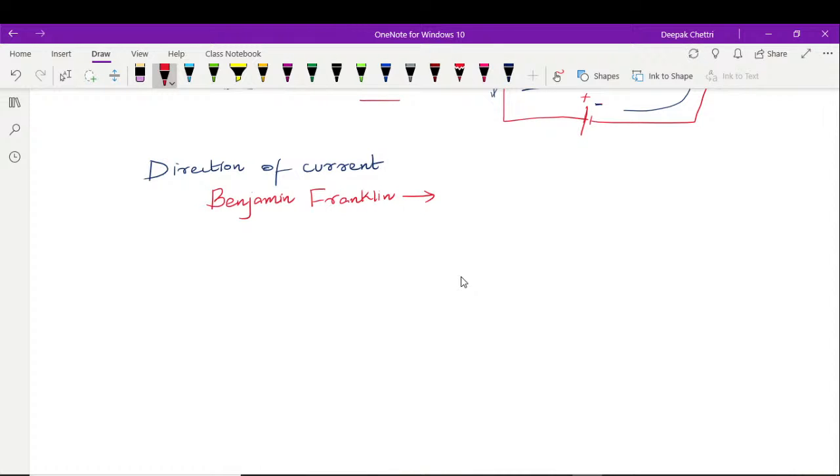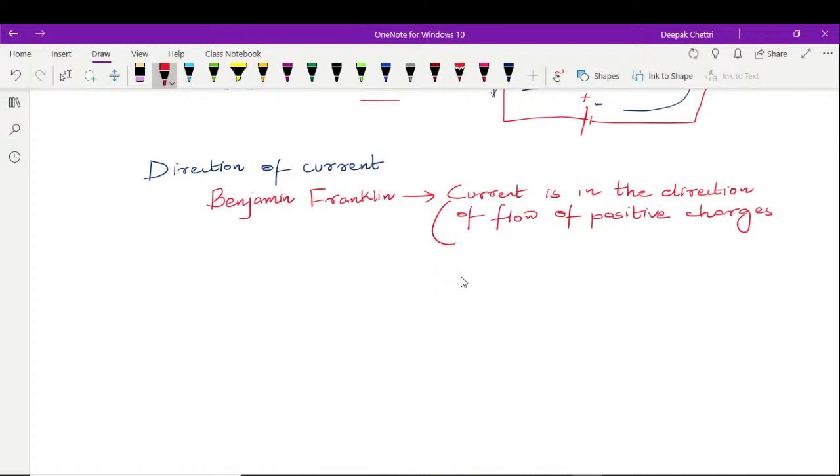He said that current is in the direction of flow of positive charges. So wherever the positive charges are flowing, we will take that as direction of current, and this is called your conventional current, or conventional direction of current. This definition was given by Benjamin Franklin.